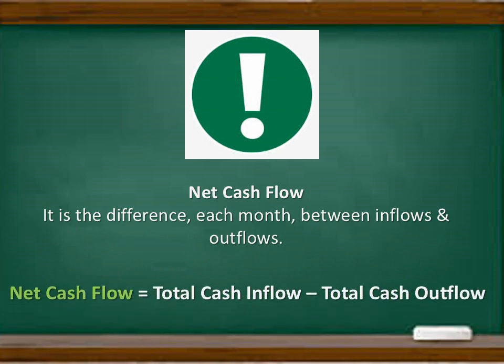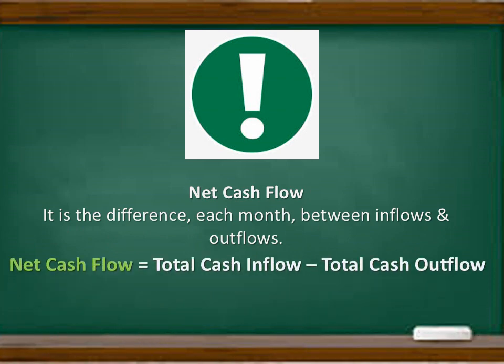So once again, before we move ahead, note the net cash flow, since it's the difference between the total cash inflow and the total cash outflow. All the businesses would want to keep a positive net cash flow, which means they have enough cash available to pay for the expenses.